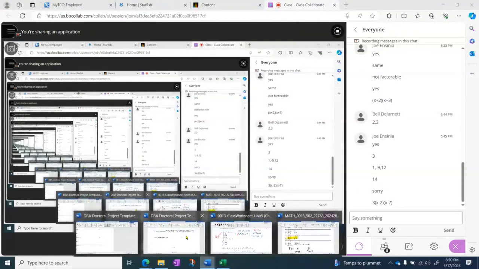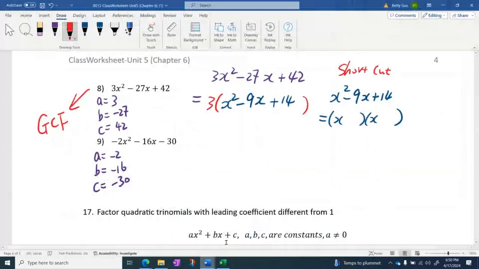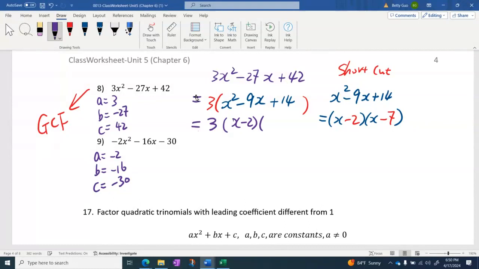So we have negative 2, negative 7 here. And we're not done yet. The final answer for number 8 would be 3 times, don't forget the 3 here, 3 times x minus 2 times x minus 7. And now we are through, we're complete.